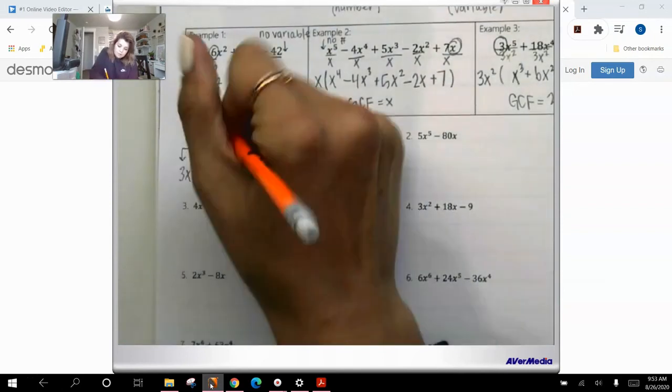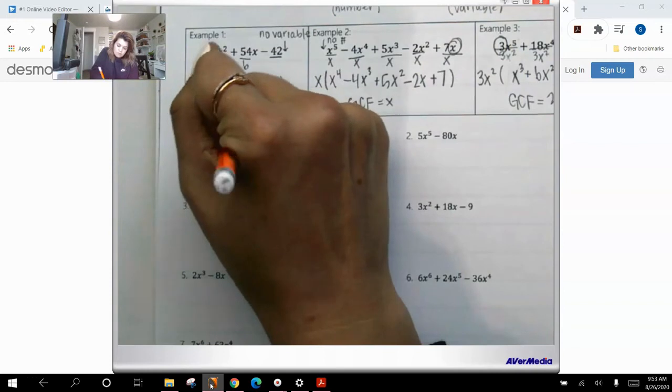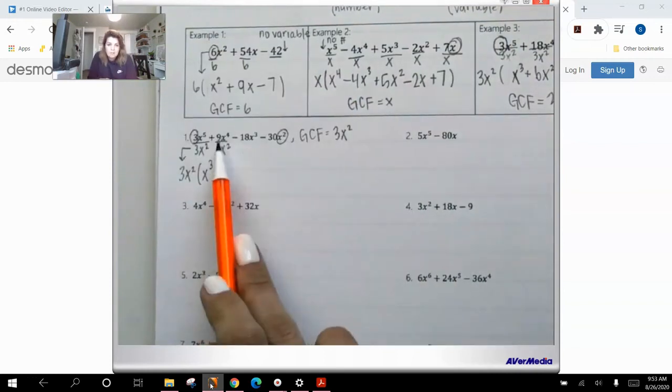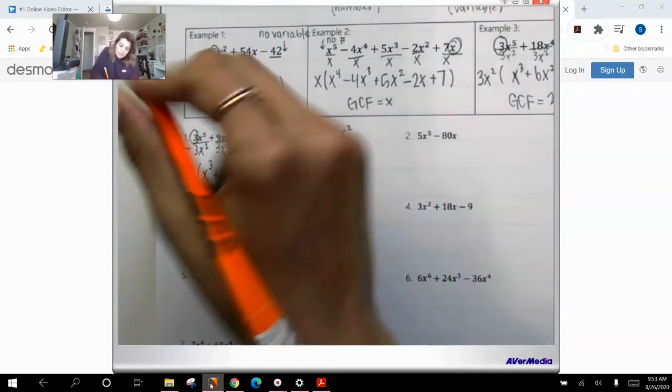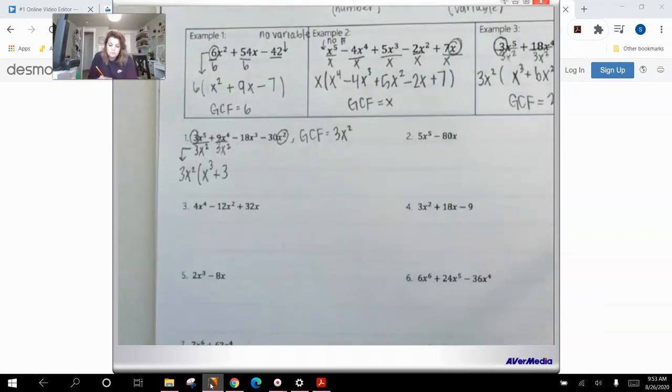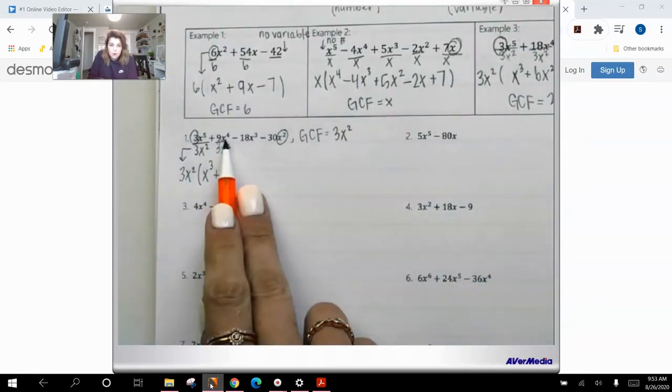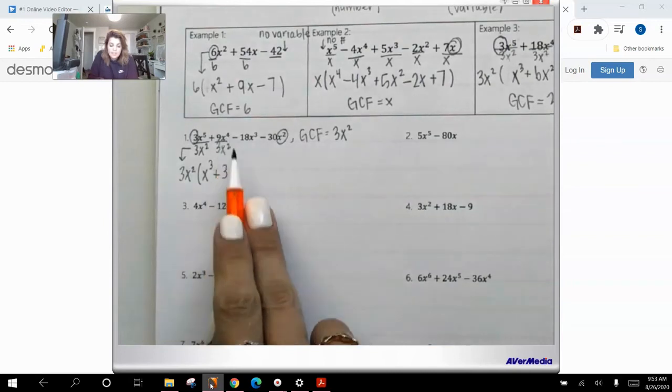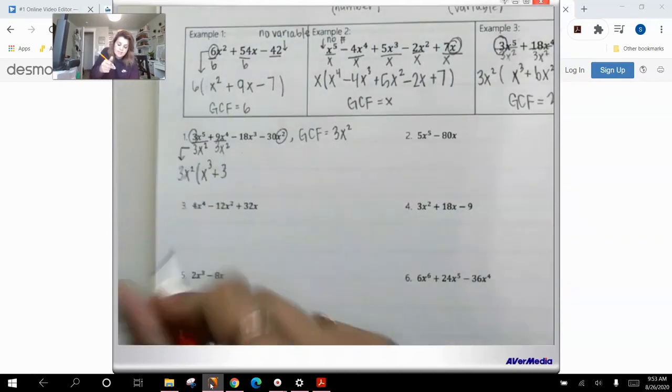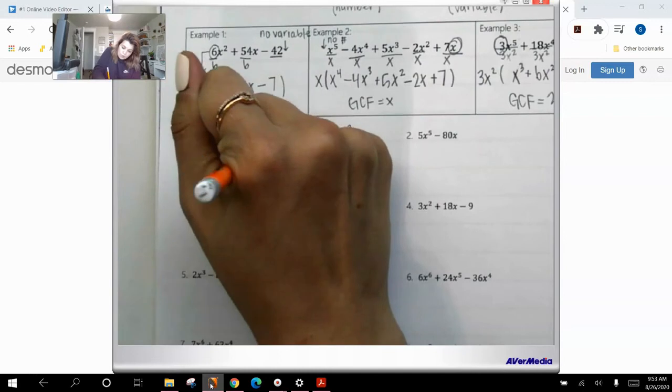Plus 9 divided by 3 is 3. X to the 4th. So 4 x's, you take away 2 x's, that's going to give you x squared.